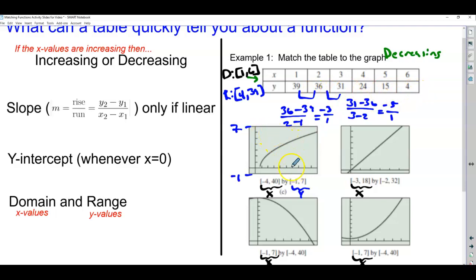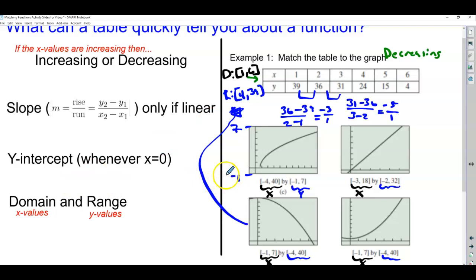So I know for sure that this graph does not meet the needs of our table. Same thing here. I go from negative 2 to 32, and I need to be up to 39, so this one doesn't work as well. The last two, negative 4 to 40, negative 4 to 40, both of those conditions hold true. But we know that this is our answer right here because it is the only decreasing function.